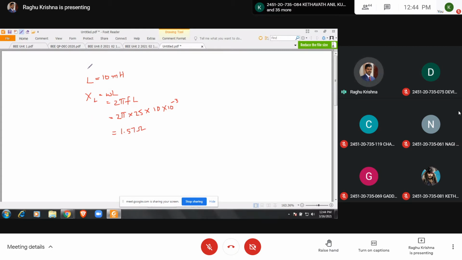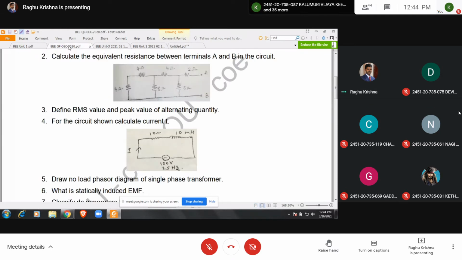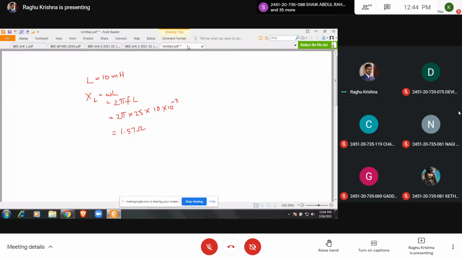So what is the value of R? R equal to 10 ohms, and V equal to 100 volts is given.